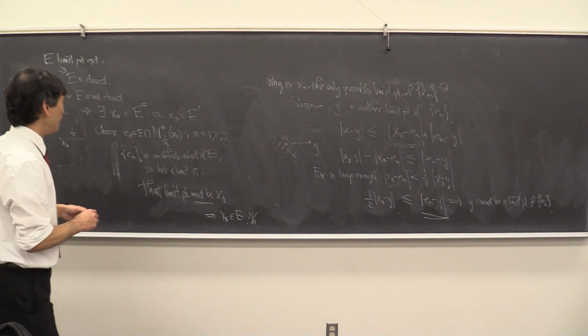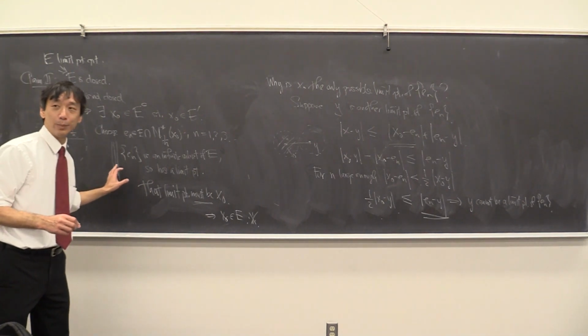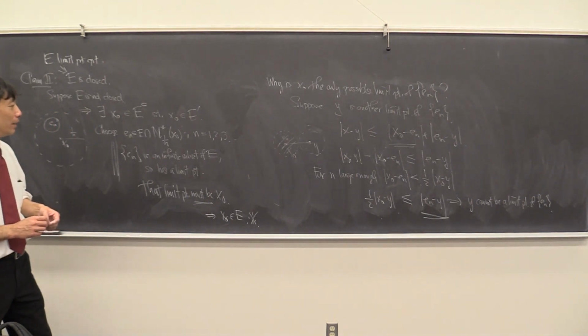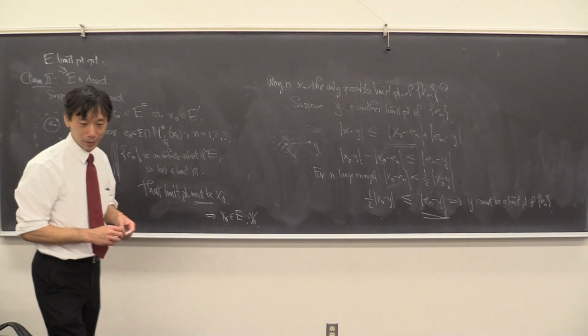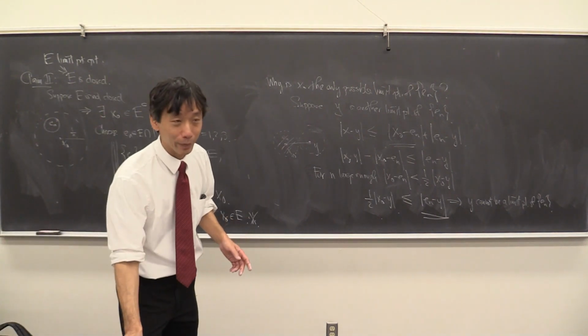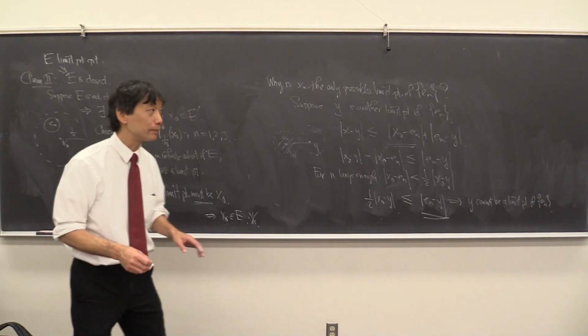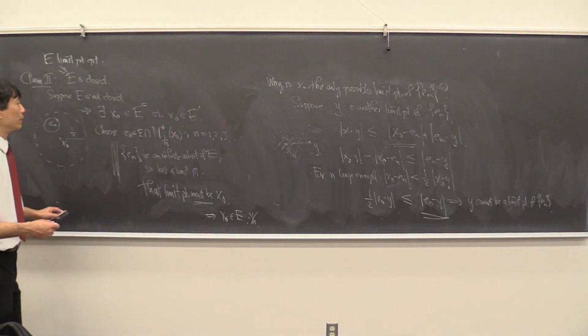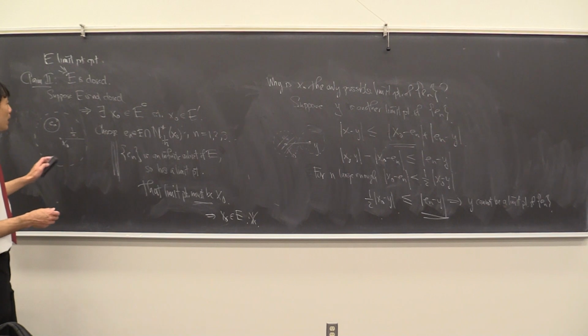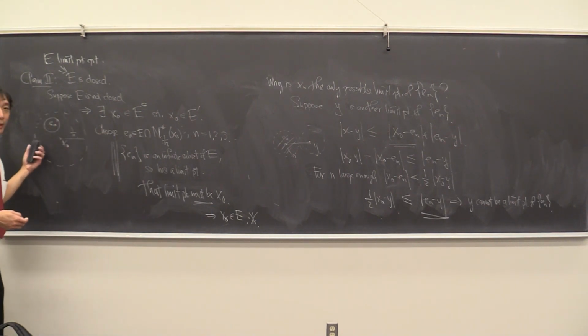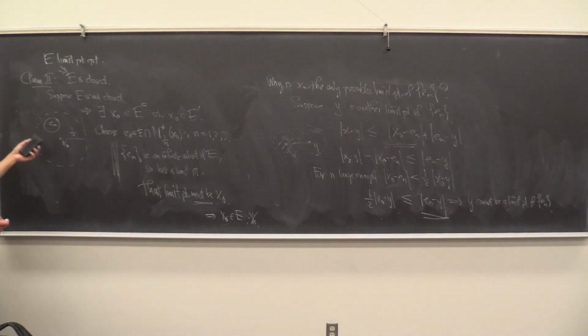Okay, so that's it. That's the proof of the Heine-Borel theorem. That's kind of the climax of all your knowledge on compactness. And like I said earlier, after this chapter, we're going to jump to chapter 4, because it makes more sense to do that.